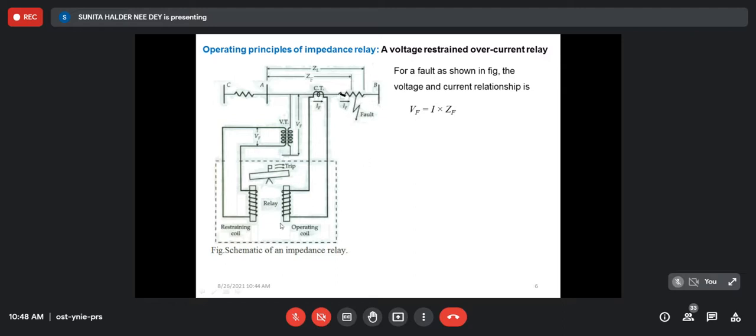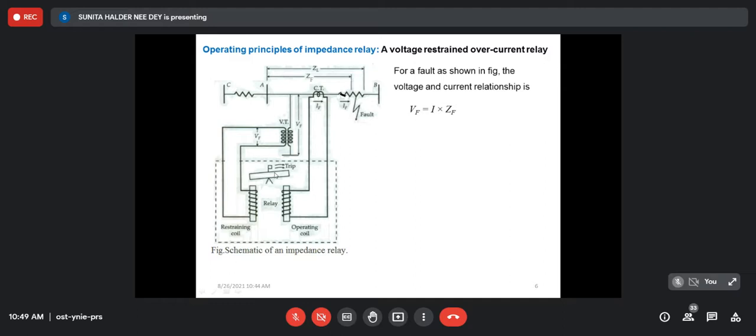So that's why here this is the operating coil. It is energized through CT, and the restraining coil will be energized through the PT. So if this operating torque is more, then the relay will go towards the trip condition. Otherwise, it will be in the opposite direction, or restrain. But to keep the relay contact at a particular position, there is always a spring.